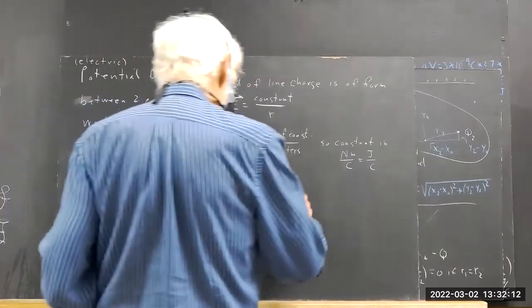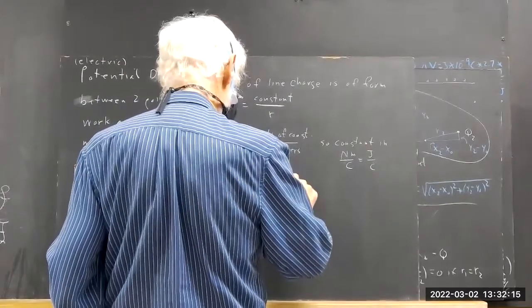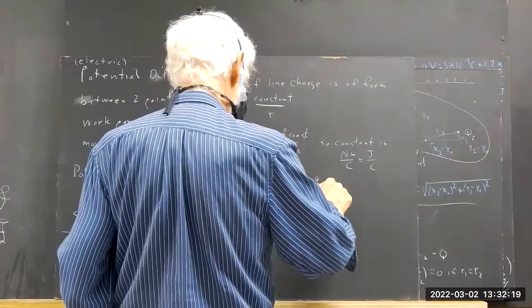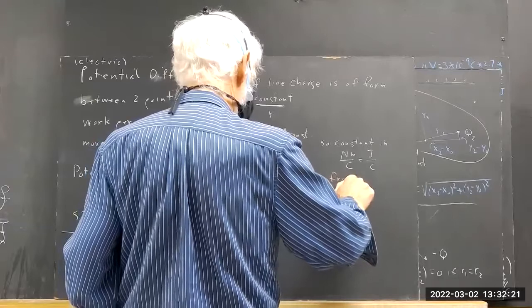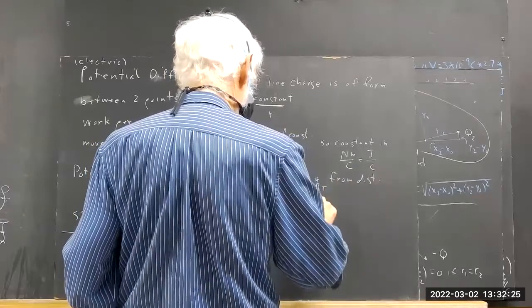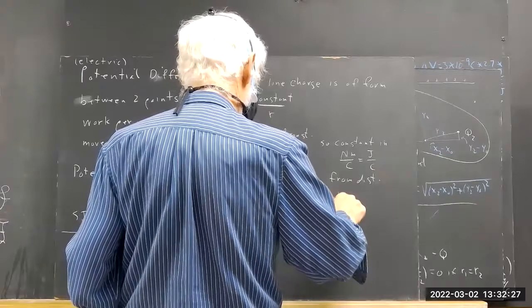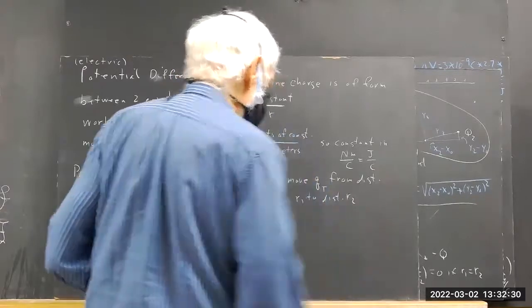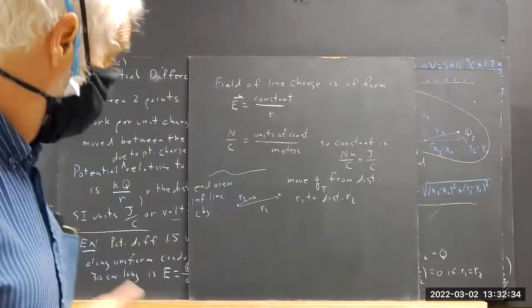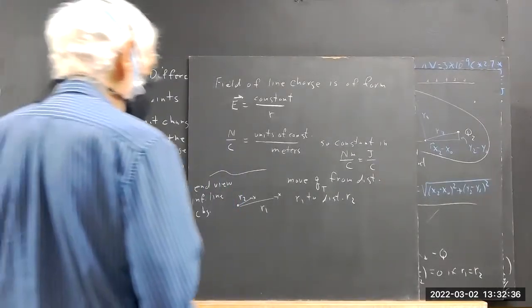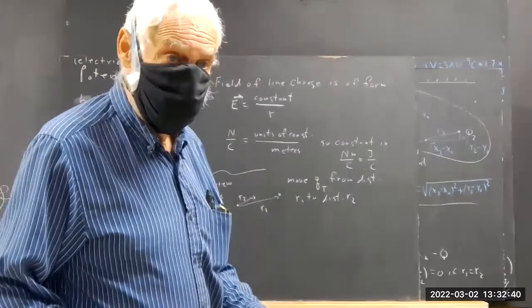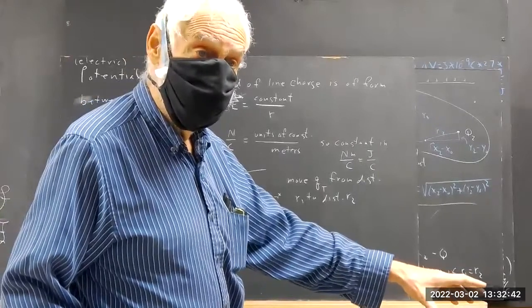You have a test charge moving from distance R1 to distance R2. The field is conservative, so you can move along any path.